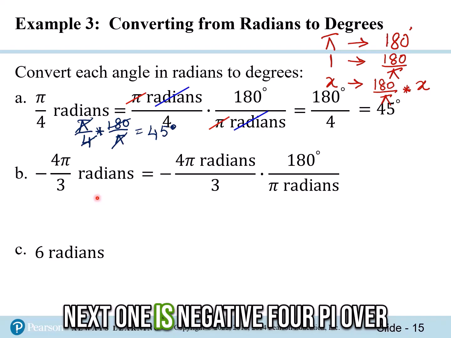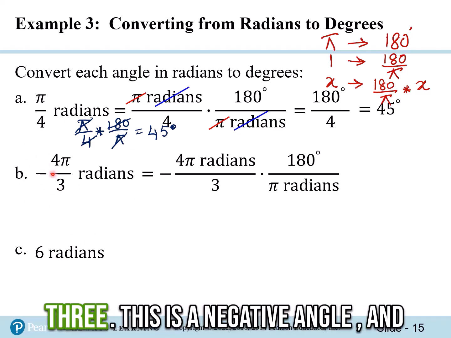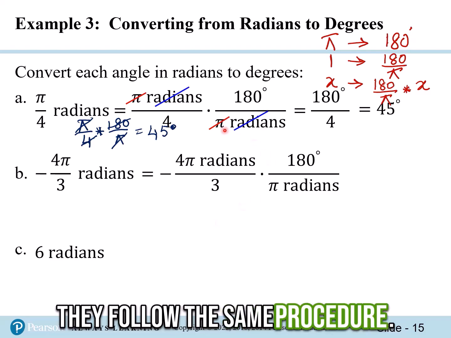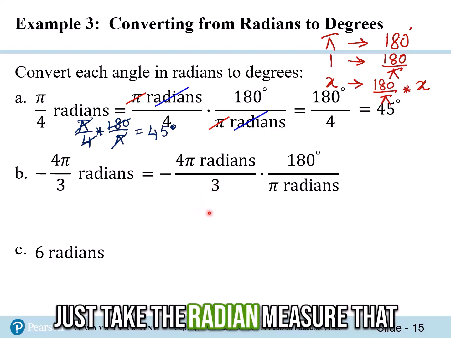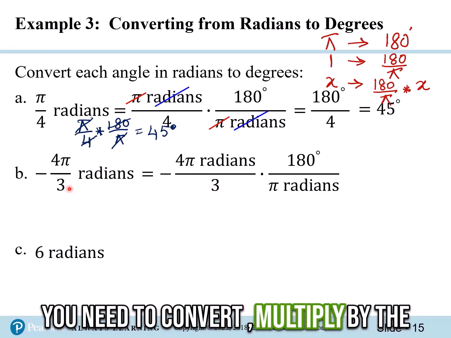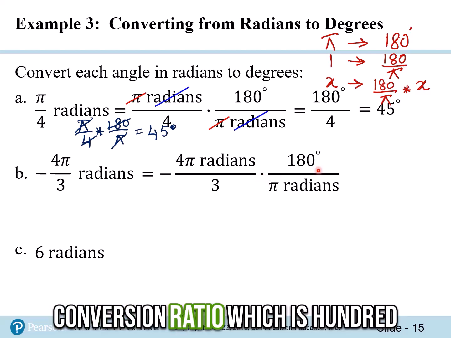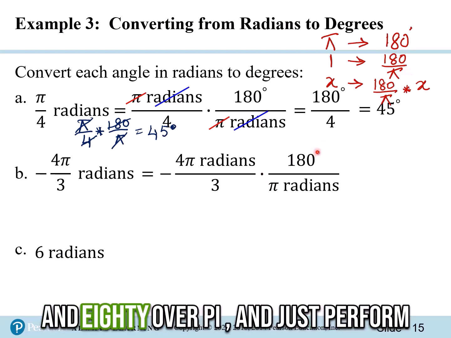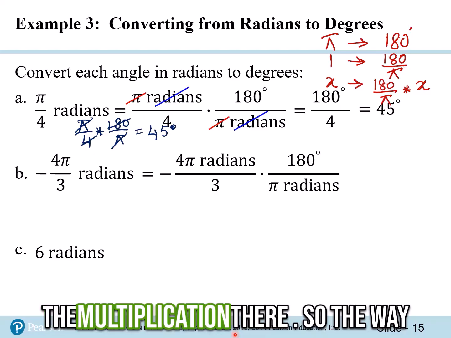Now the next one is negative 4 pi over 3. This is a negative angle and they follow the same procedure. Just take the radian measure that you need to convert, multiply by the conversion ratio, which is 180 over pi, and just perform the multiplication there.